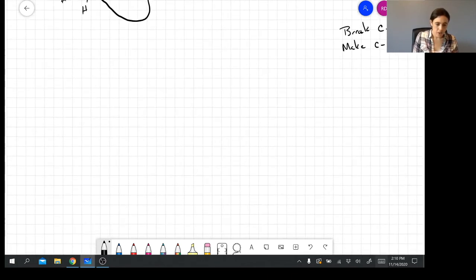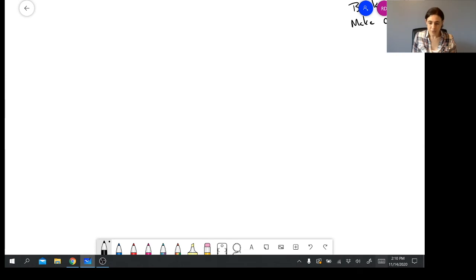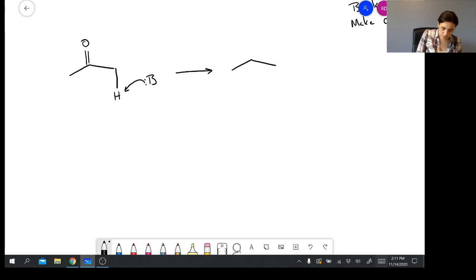Okay? So common mistakes and things I don't ever want to see you do. Make sure you draw all arrows. Right? So if we have a base, and we are drawing a mechanism to show how this would deprotonate, if we draw just this, what we get out of that step is this here.